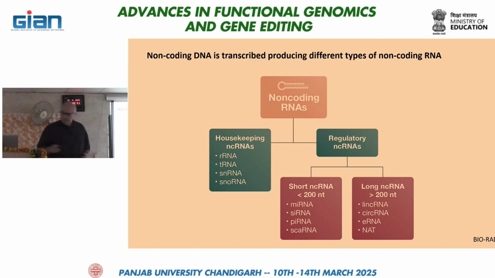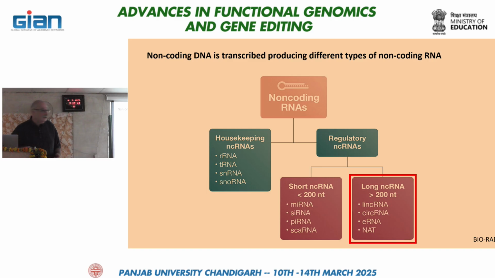But today, I will concentrate only on long non-coding RNAs, a group that contains linear non-coding RNAs, circular RNAs, and eRNA, which means RNA transcribed from enhancers. Do you know what an enhancer is? An enhancer is a special regulatory sequence which enhances transcription.